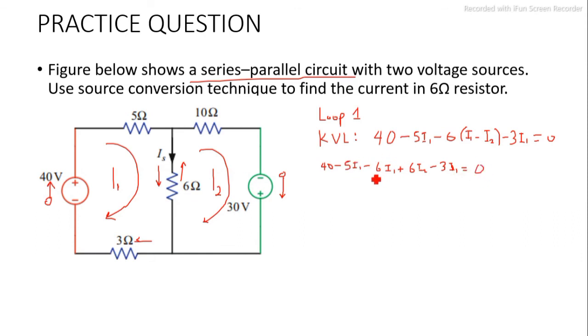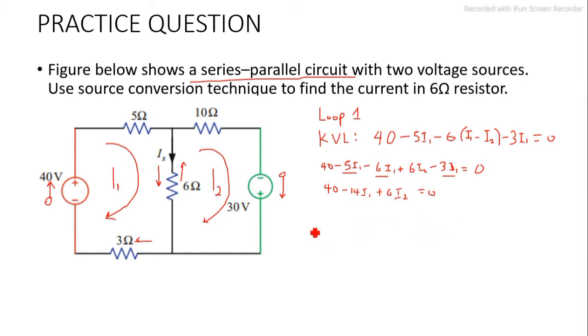So now let's collect like terms. Minus 5 I1 minus 6 I1 will give you minus 11 I1. With the minus 3 I1, you're going to have minus 14 I1. So you have 40 minus 14 I1, then plus 6 I2 equals 0.